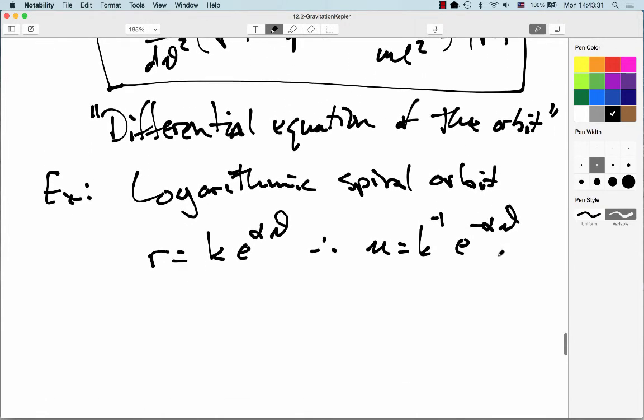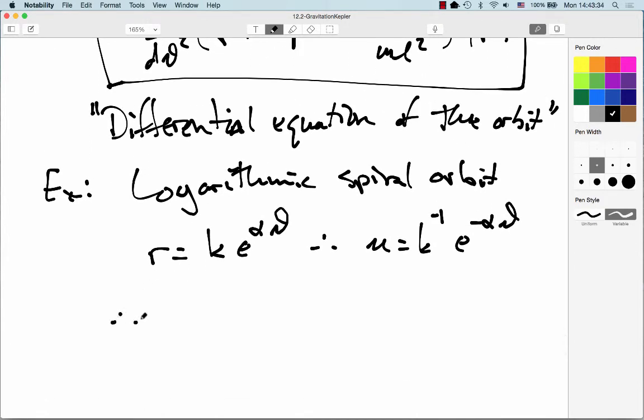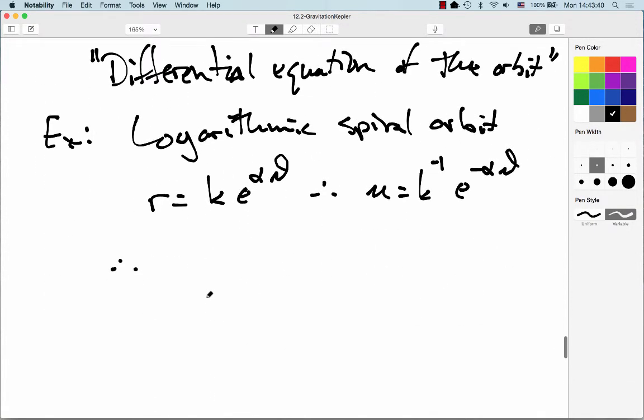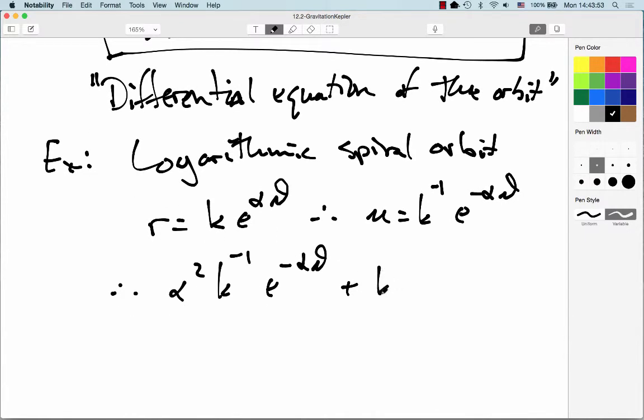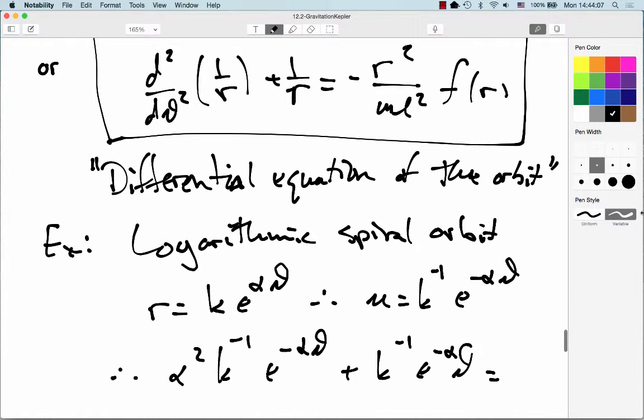So plugging into the differential equation of the orbit, differentiating this twice with respect to theta, will give me alpha squared k to the negative 1 e to the minus alpha theta, plus, from this term here, we just say plus u, so we just write that in again, k to the negative 1 e to the minus alpha theta equals, and then, since we ultimately want to get this in terms of r, here I'll use this side of it right here.